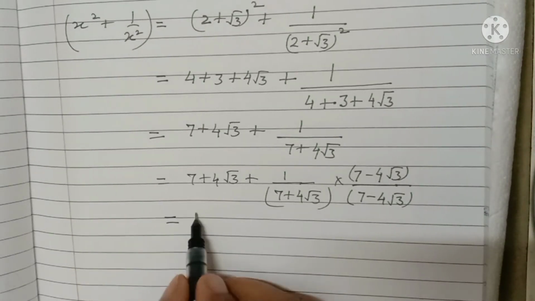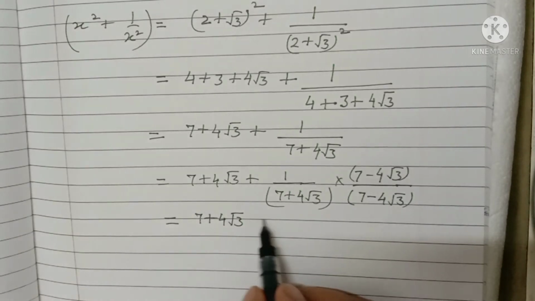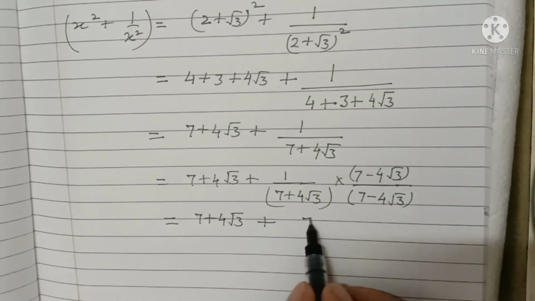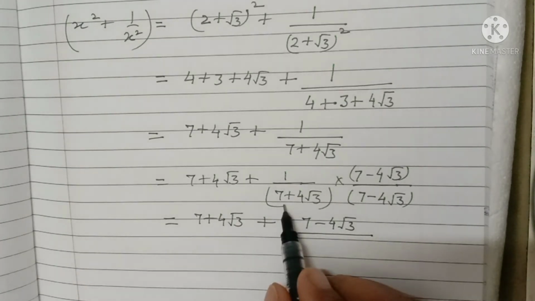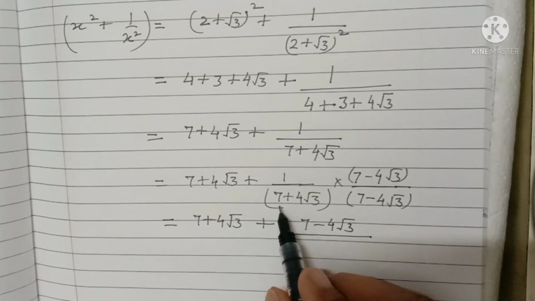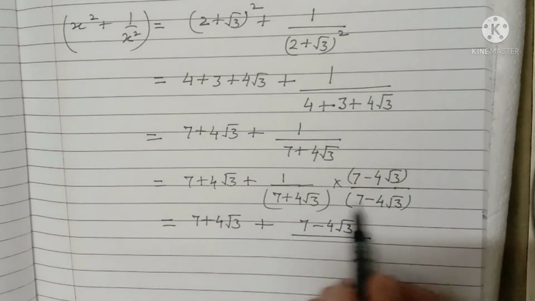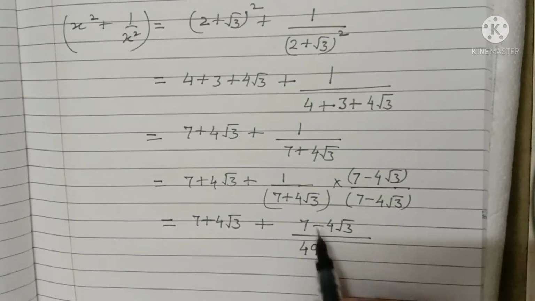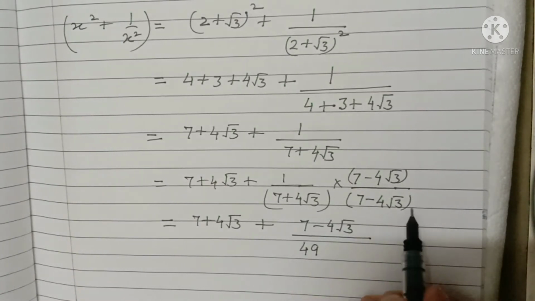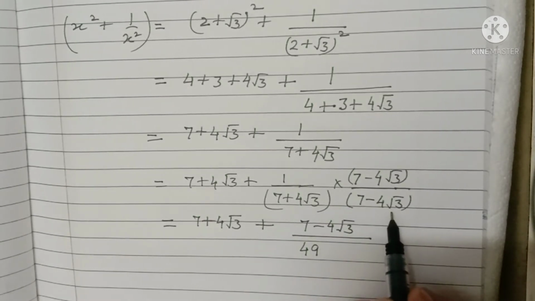Now 7 plus 4 root 3, this becomes 7 minus 4 root 3 upon, this is a square minus b square. So you can write it, a square means 7 square means 49 minus 4 root 3 whole square means 4 4s are 16 and root 3 or root 3 3.